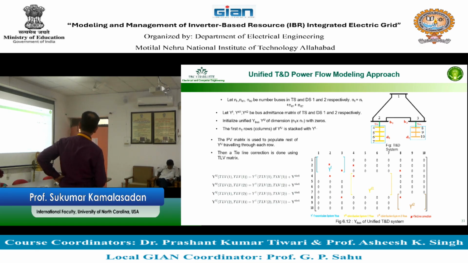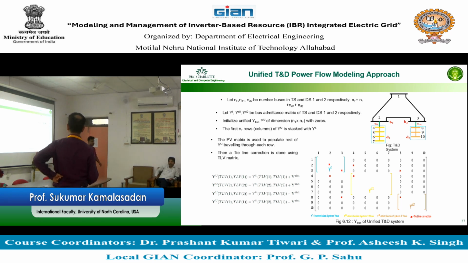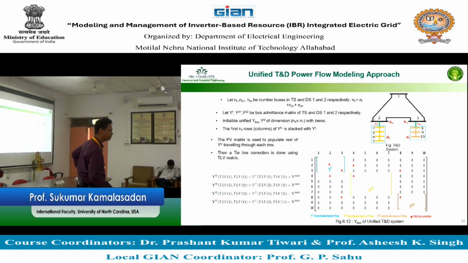Okay. And then you will have this cross, or X value, for the tie connecting points. So this X value is the tie line correction. If you write this Y bus, you will realize that the power flowing through this Y bus needs to be based on this tie line point, which needs to be added. Otherwise, it cannot solve. So we'll go with these added tie line points.